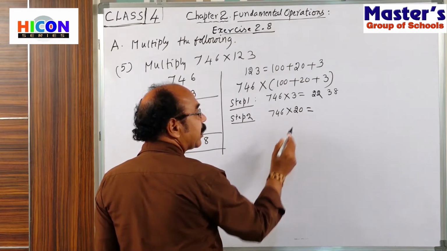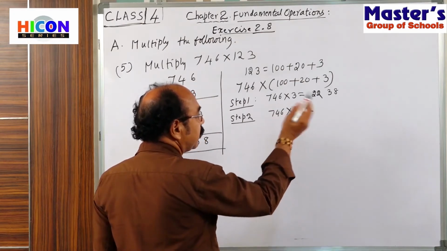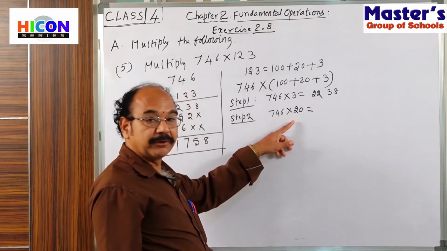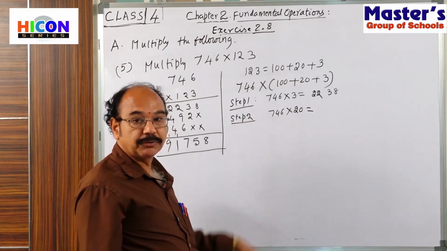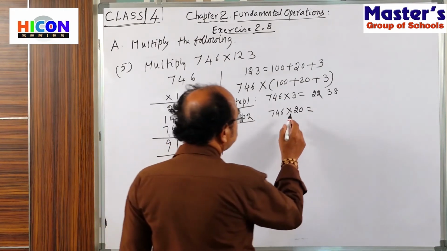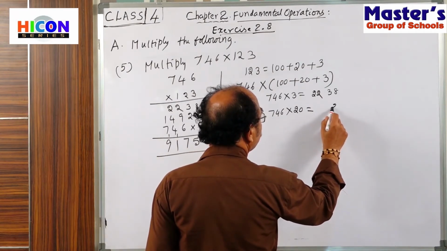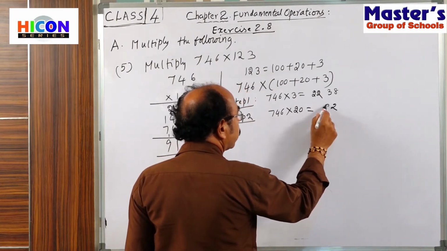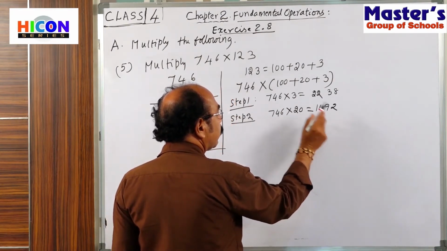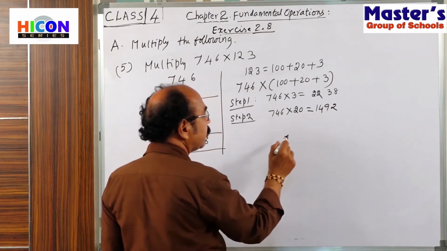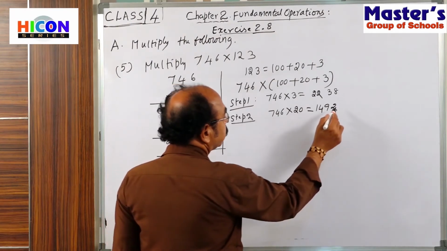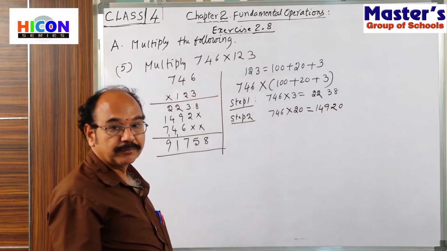Multiply with 2 and keep 0 to the right side of that number. In multiplying with 20, what we do? We multiply 746 with 2 and we keep 0 to the right side. So with 2, you see, 2 6s are 12, 2 and 1 carry, 2 4s are 8 plus 1, 9, 2 7s are 14. Now keep 0. That is step 2.